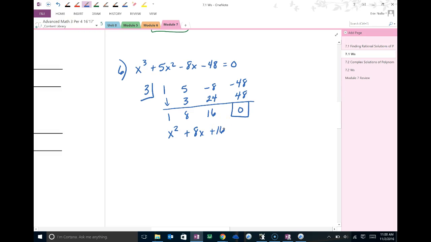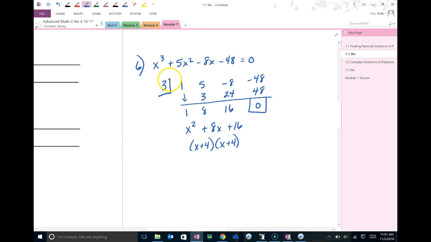Are there two numbers that multiply to 16 and add to 8? 4 and 4, right? So really the synthetic part of this method is just a starting point. Once I get to quadratic pieces, I know how to factor quadratics. So I can use that.